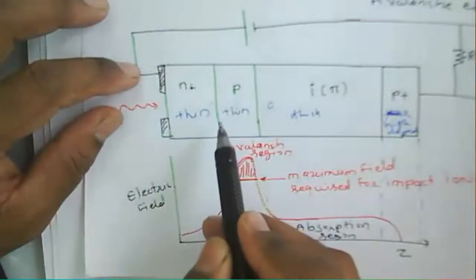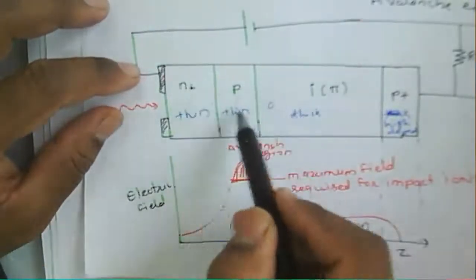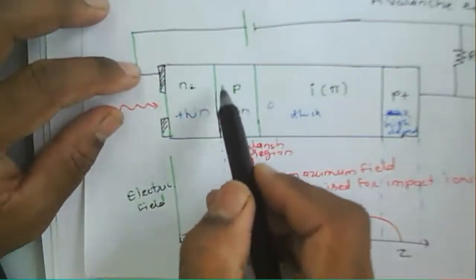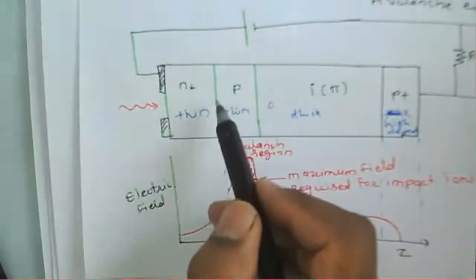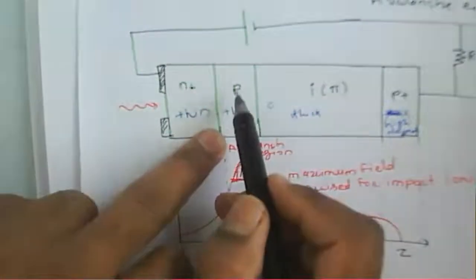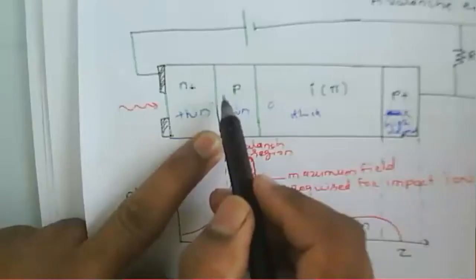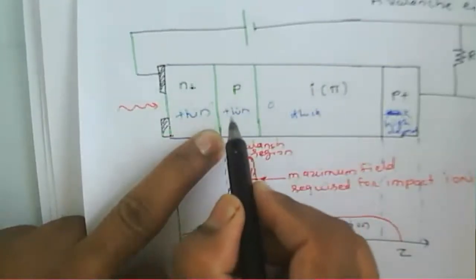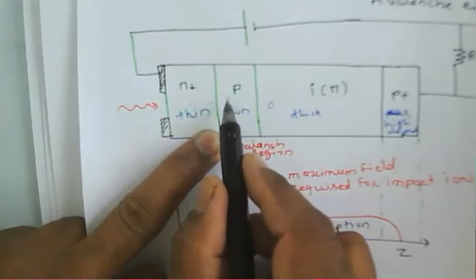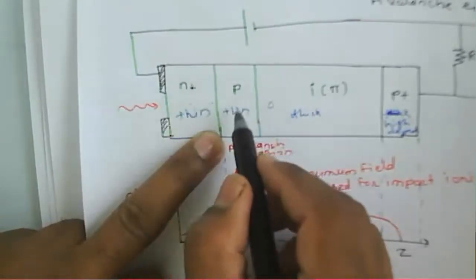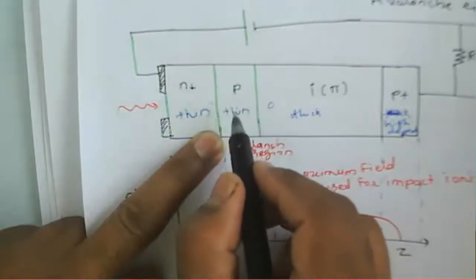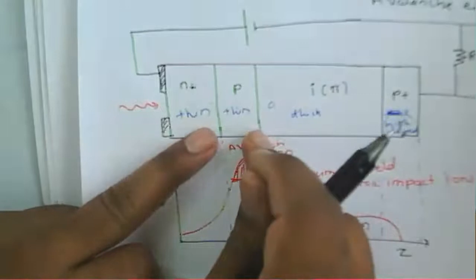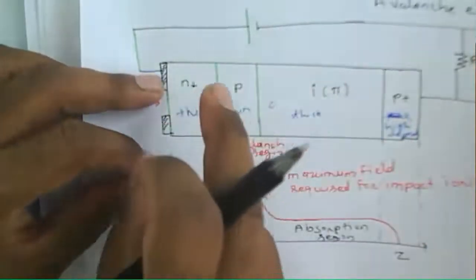And another one is, here it will generate excess electron hole pairs, because of the avalanche multiplication it will generate more electron hole pairs, and that process is nothing but a statistical process, and that will fluctuate the carrier generation, and then it will generate the excess noise in this avalanche photodiode.